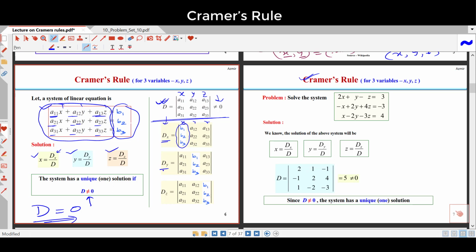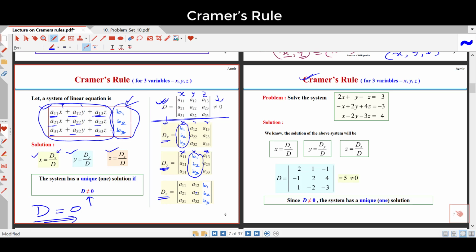Whenever you are finding D sub y, D and D sub y are the same, but in the place of the y column you have to input the right side values b1, b2, b3.